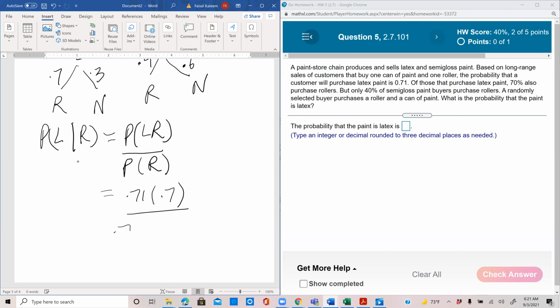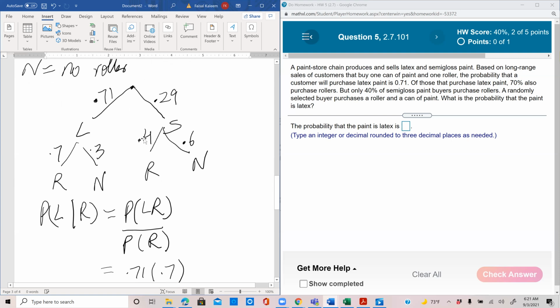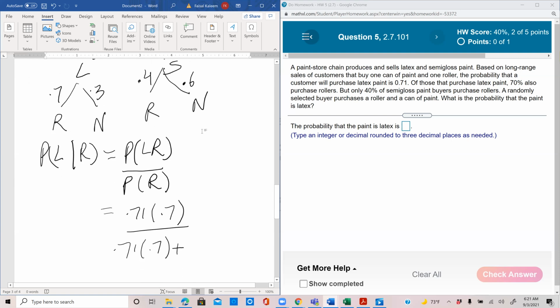The roller happens through this one as well as this other branch, 0.29 times 0.4.